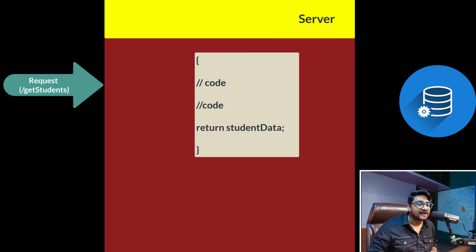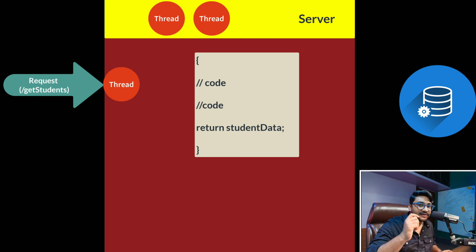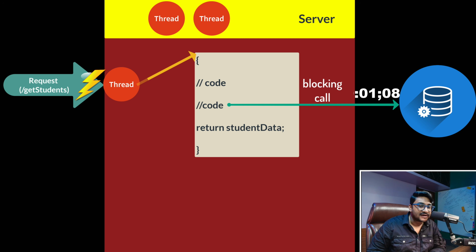What we want is some kind of server where the thread will not sit idle. Let's say you hit a request and the server handles it. You are fetching some data from the DB. Now the thread handling your request says, okay, the database will start its work and has not yet fetched the data, so I can do something else.